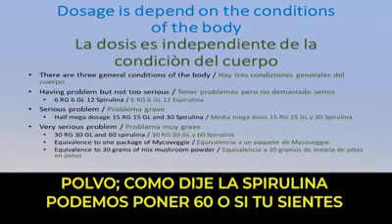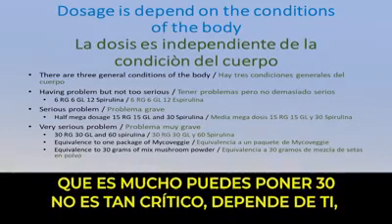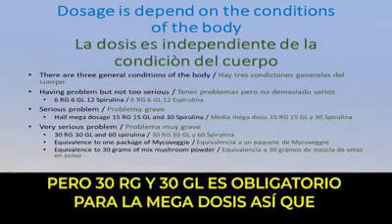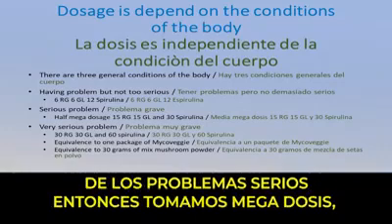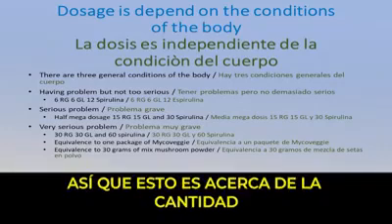We put here 60, if you feel that 60 is too much, you take 30, so up to you. Not so critical. But 30 Rg and 30 GL is a must for this mega dosage. So when there is a serious problem like diabetes, cancer, a lot of serious problems, then we have to go for this mega dosage. So this is all about the dosage.